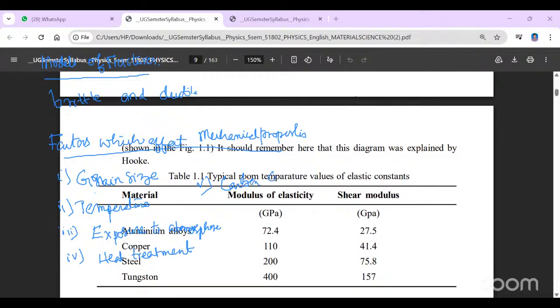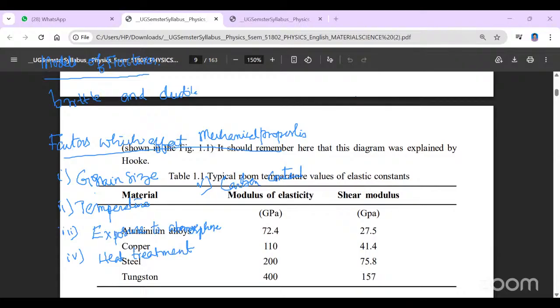Carbon content. Carbon steels are widely used in engineering materials. Carbon steel is an alloy of carbon and steel, containing manganese 1 percent, silicon 0.5 percent, sulfur 0.04 percent and phosphorus 0.05 percent.